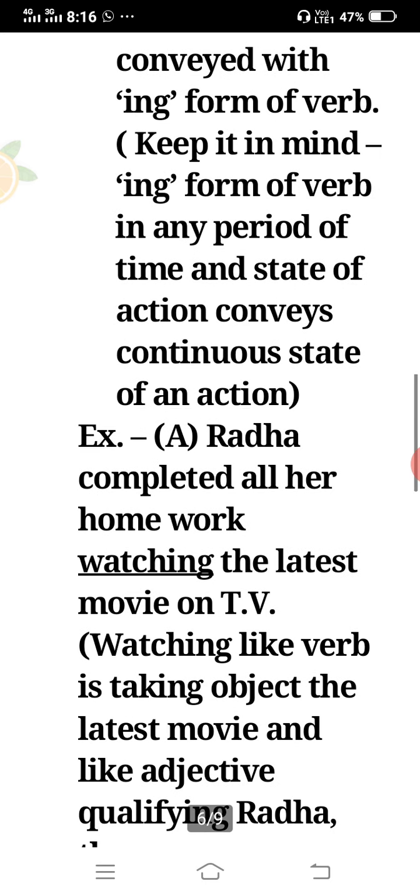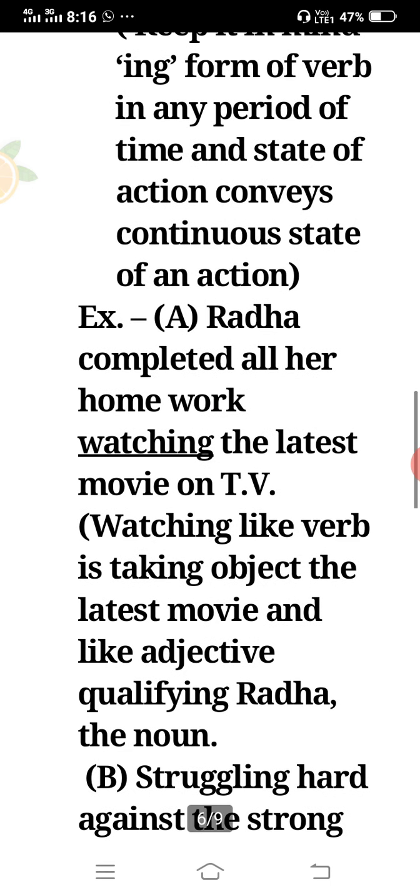See the example. Radha completed all her homework watching the latest movie on TV.